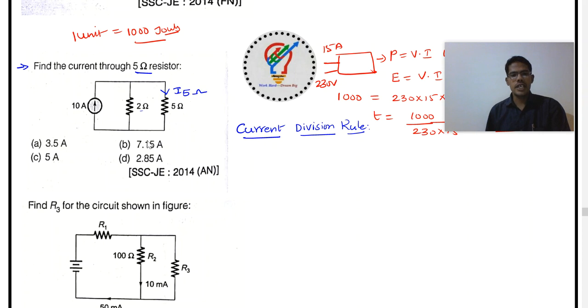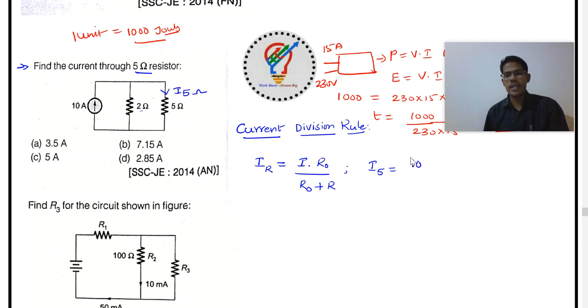Remaining all the data is available. Now by using the current division rule, if you want to find the current in any element, the current in the resistance R is equal to the total current I into the opposite resistance divided by the opposite resistance plus R value. Applying this formula, here the R value is 5, so I5 is equal to the total current, which is 10 amperes.